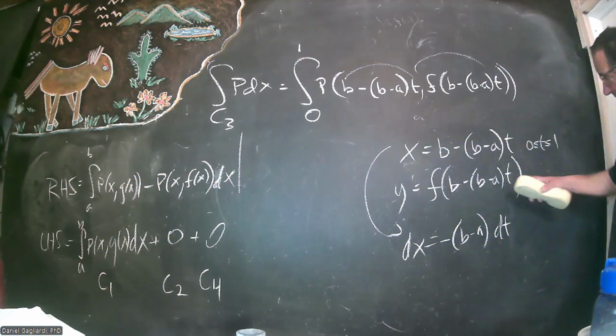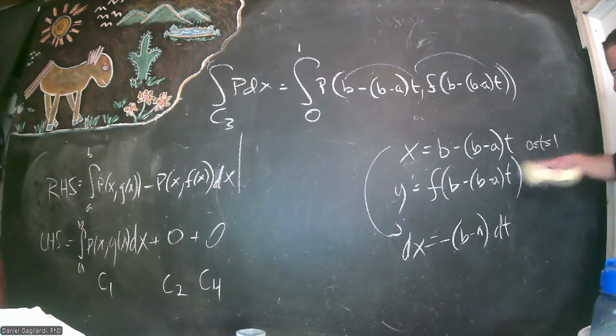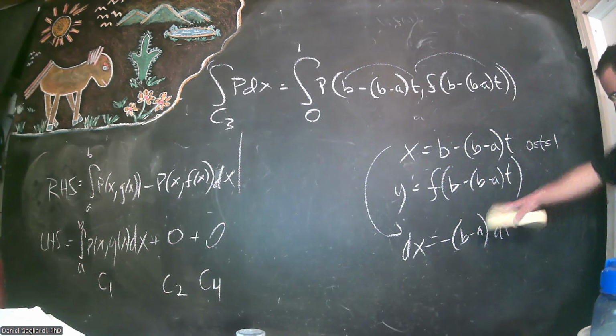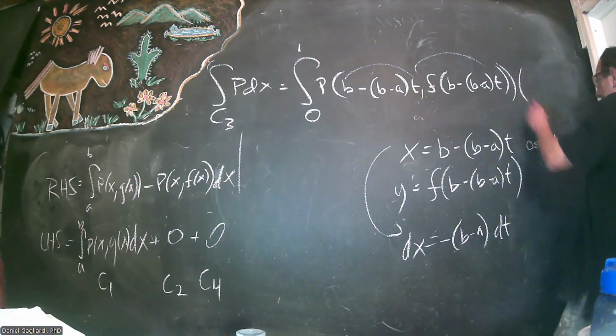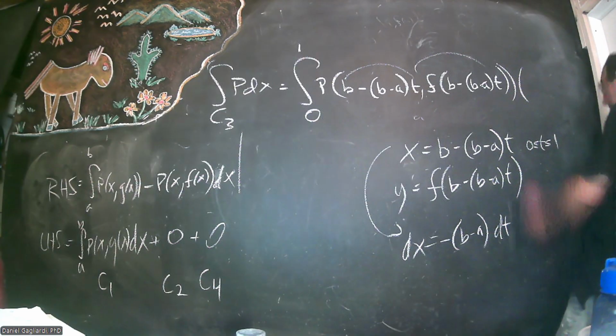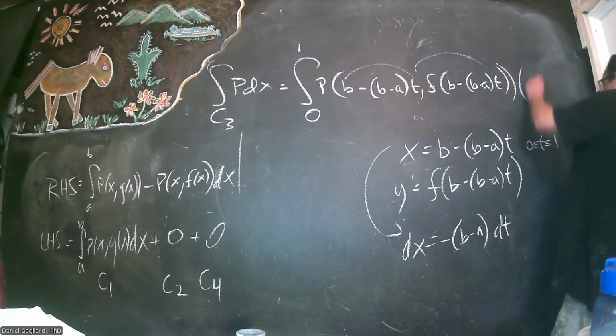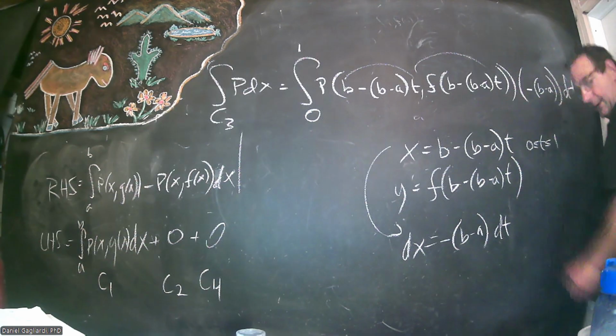So negative b minus a, and then dt in differential form. All right, cool. So at the end of this, we have negative b minus a, and then dt.